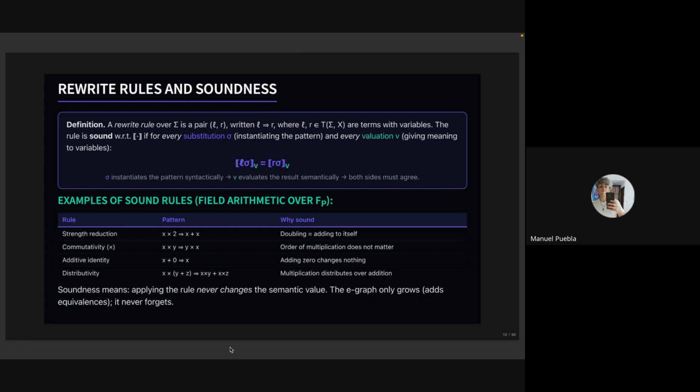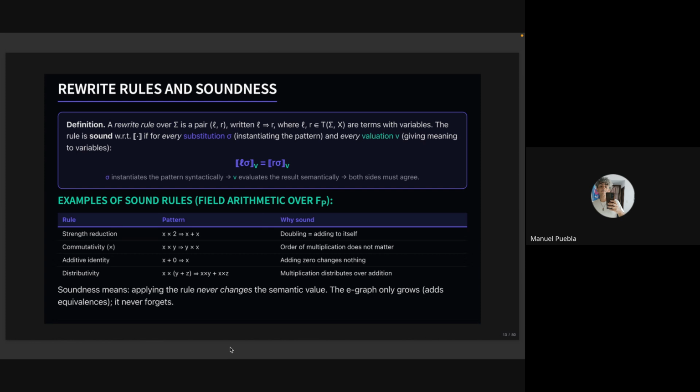Examples are like the ones that we have in mind. x times 2 and x plus x both form a rewrite rule. And why is that? Because doubling is adding to itself. Same with commutativity or having an additive neutral element. Soundness for us means that if we apply the rewrite rule, we never change the semantic value.